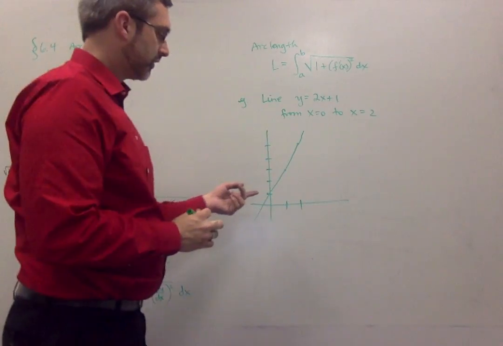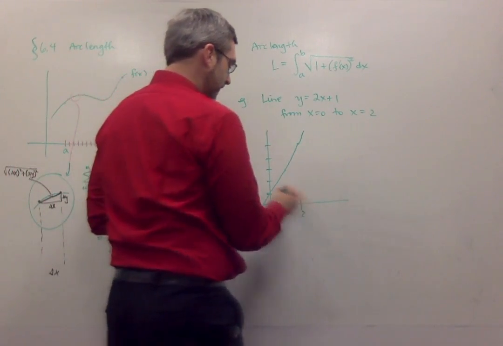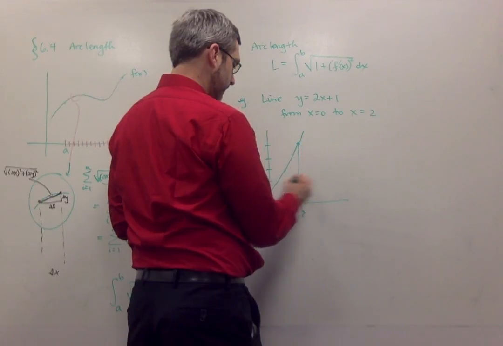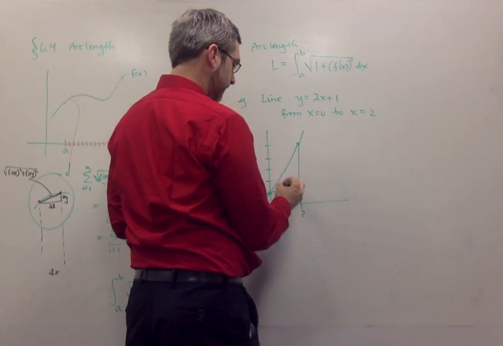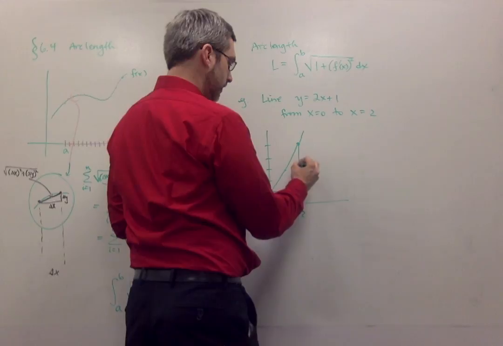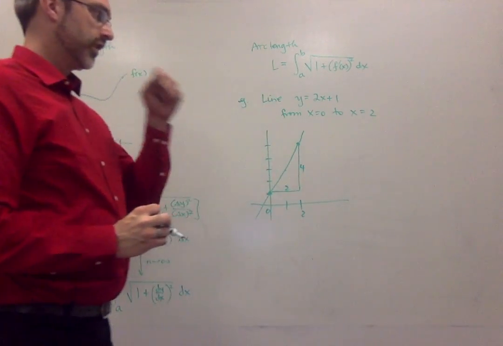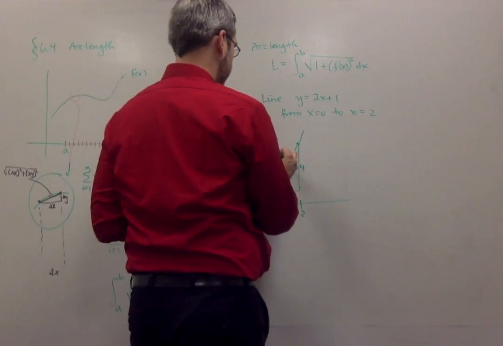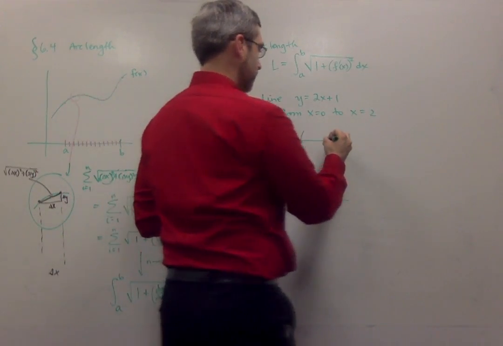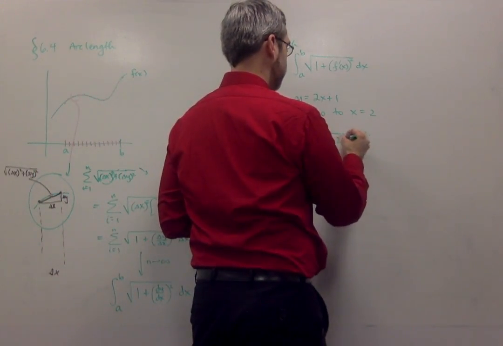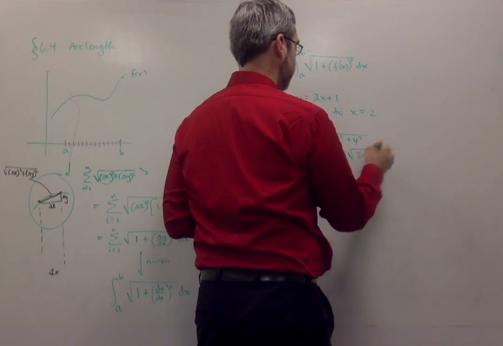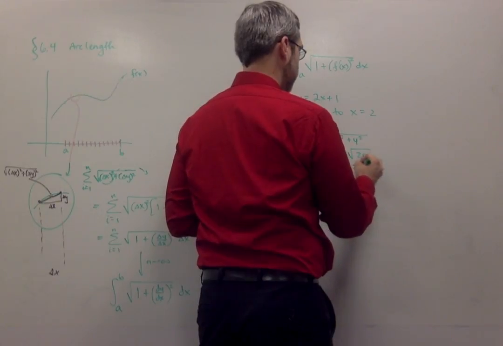And if we were to go from 0 to 2, the length of that line we should be able to get just from the Pythagorean theorem by saying this is 2. If it goes over 2, it's going to go up 4 because it's got a slope of 2. So this length right here should be the square root of 2 squared plus 4 squared. In other words, it should be the square root of 20, which is 2 root 5.